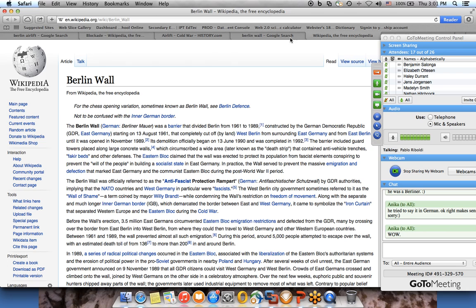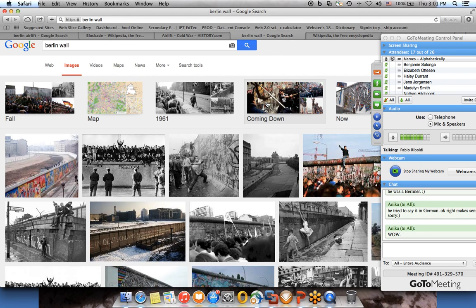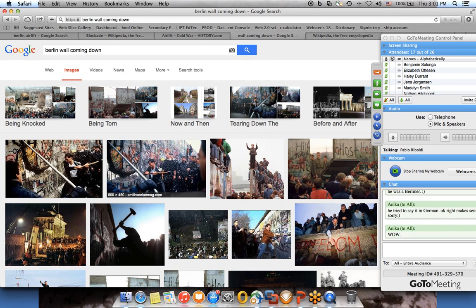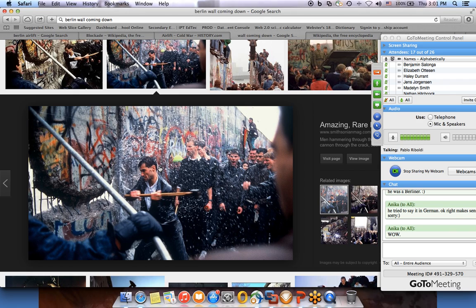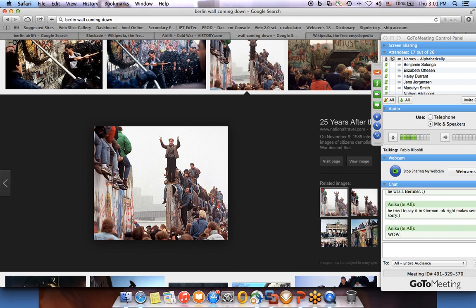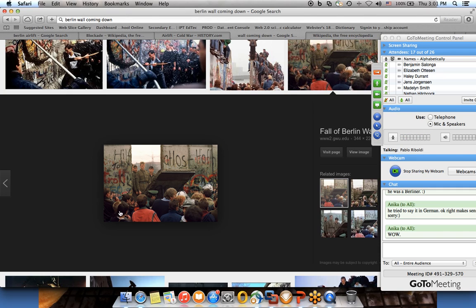I remember seeing the pictures of the people tearing down pieces of the wall, breaking it down, opening it up, and for the first time in 40 years, the people of East Germany could actually walk freely to the other side of their own city.